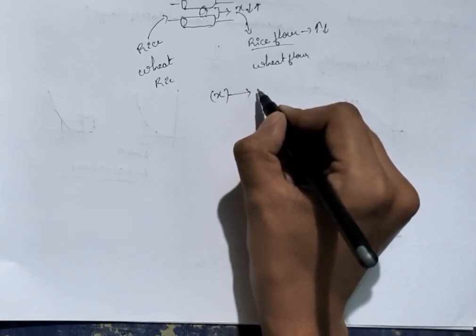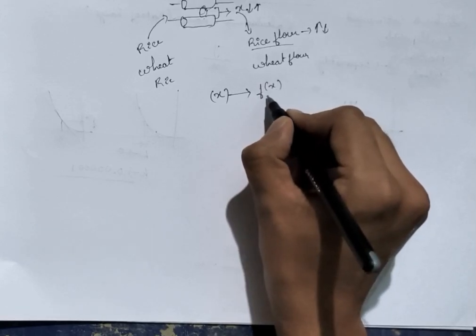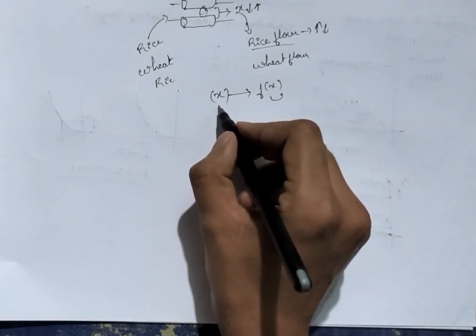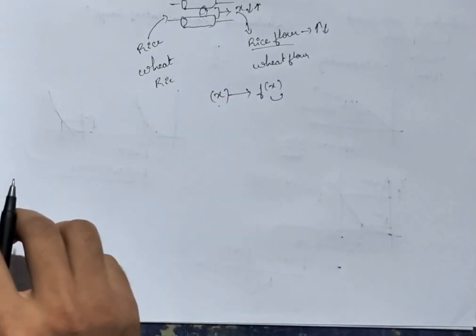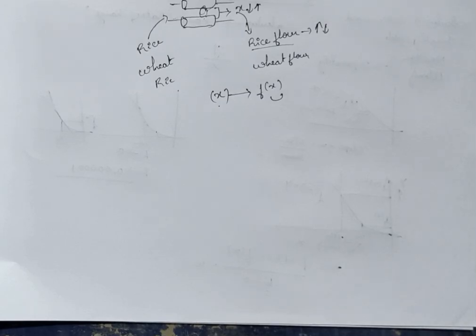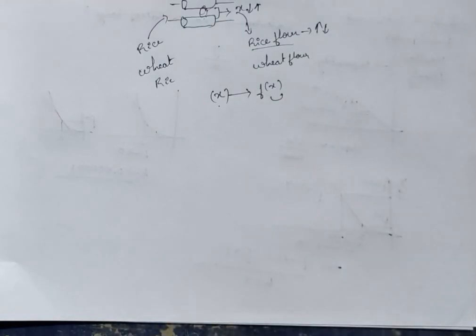If you give it to the function, it will give f of x. This is the dependent variable, which is dependent on x. So again, this is a general day-to-day life example for a function. So let's see what mathematically a function is.